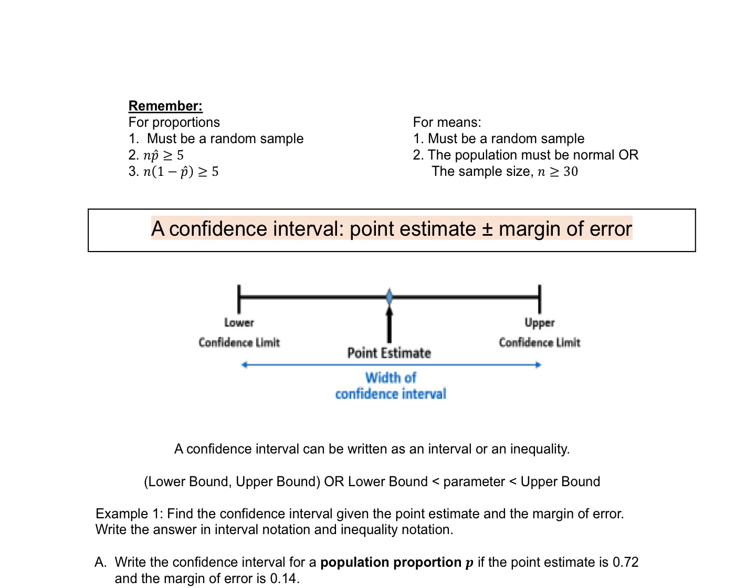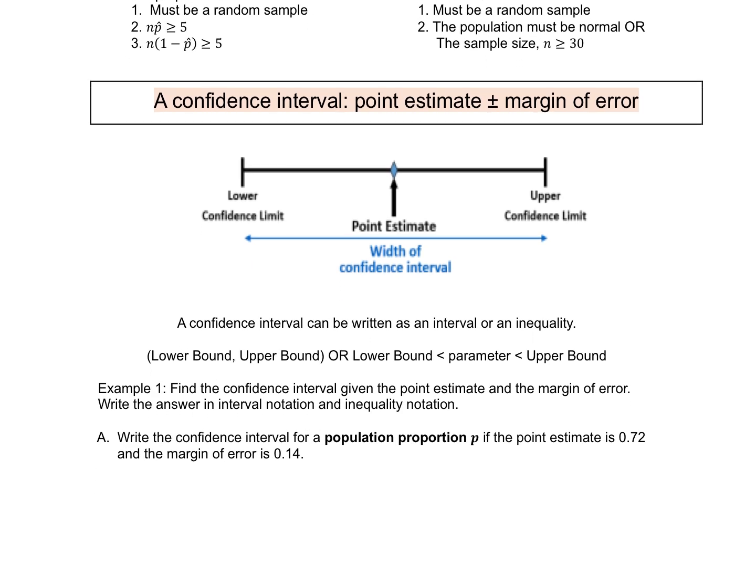And remember, 1 minus P hat is Q hat, so N times Q hat must be greater than or equal to 5 for proportions. For sample means, it has to be a random sample, and the population either has to be normal or your sample size must be larger than 30. All right, so confidence interval, again, is your point estimate plus or minus the margin of error.